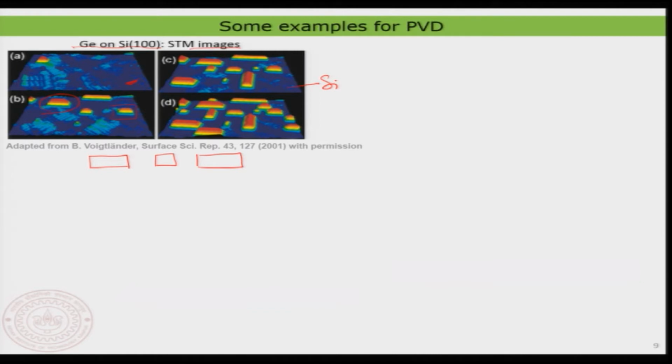And you see, as the coverage increases, different types of rectangles are forming, and now rectangles are also forming in two different directions. They are forming like this, or another, this one is getting extended and so on. So the rectangles are forming in one direction like this, another direction like this. Now of course the height is also increasing. You can see the height of the islands is increasing.